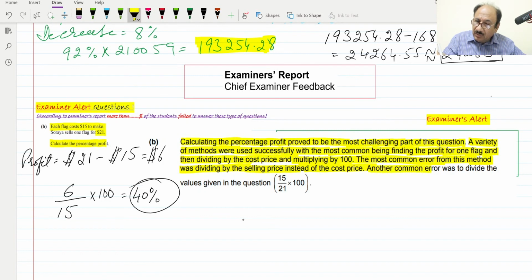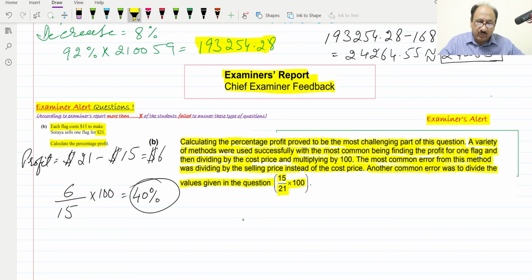Another common error was to divide the values given in the question, 15 over 21 multiplied by 100. So you can see that it was a very straightforward and easy question, but according to the examiner's report and chief examiner's feedback, this is a challenging question, and there were a lot of mistakes that students made.